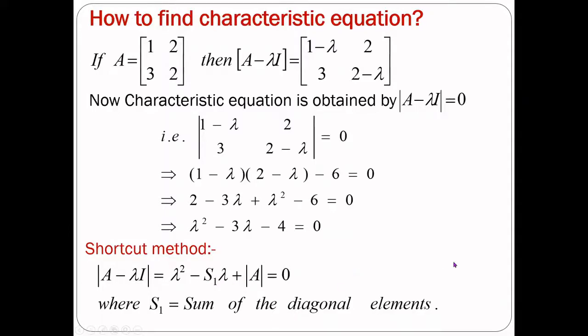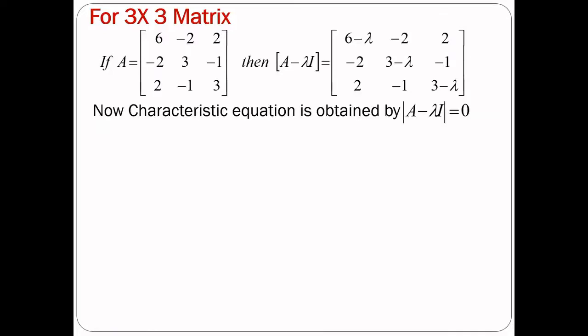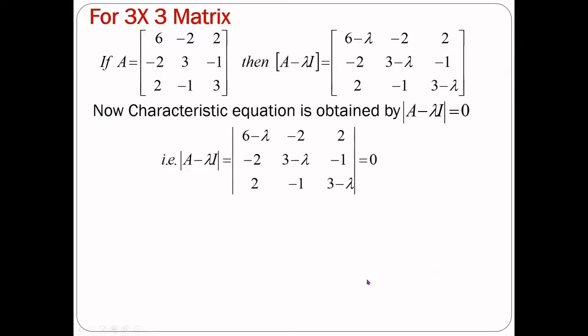Similarly, for the case of a 3 cross 3 matrix, the characteristic equation is obtained by equating determinant of A minus lambda I equal to 0. It will be difficult for you if you solve this determinant for a 3 cross 3 matrix.